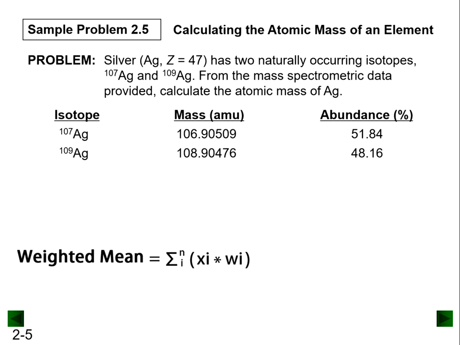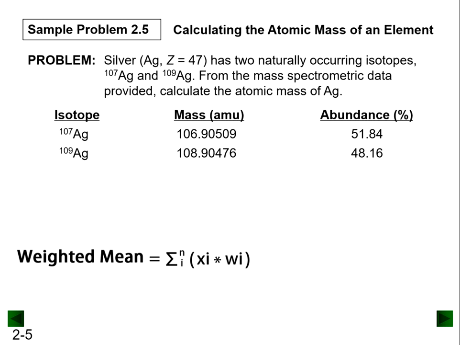There are some man-made isotopes which are trace level or radioactive. They're not particularly important. But silver has two important and commonly occurring isotopes. And the abundances are shown in this problem. Approximately 51.8% is the abundance of silver 107, and 48.1%, 48.2 if we round it, for silver 109.